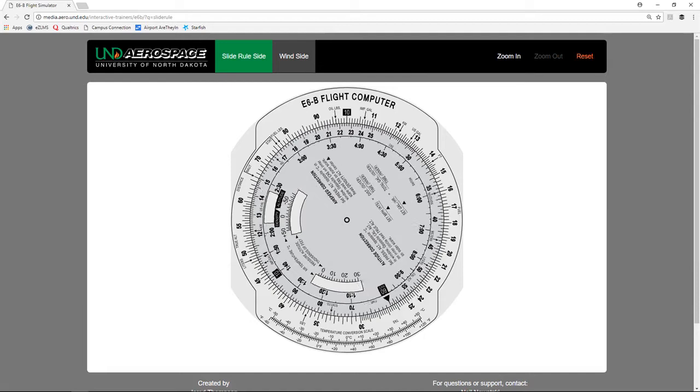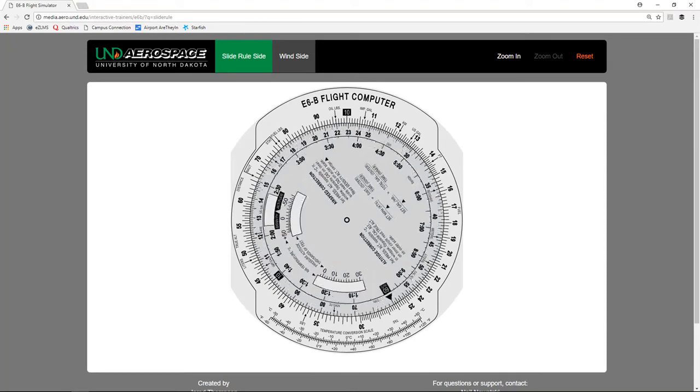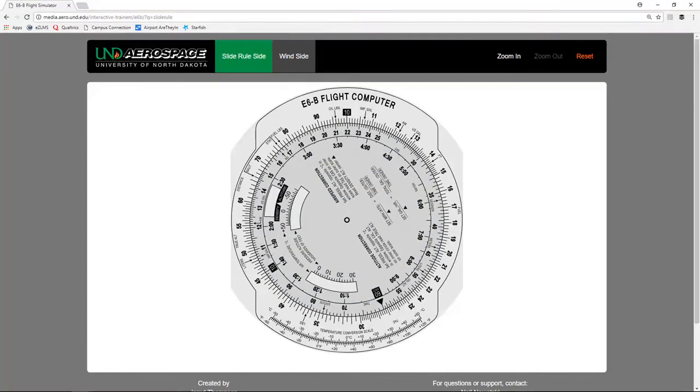Again, as I said earlier, you can also use the short method to determine longer distances, so distances greater than 1 mile or times greater than 1 minute. The short method will still work, except that your C scale will represent minutes and your B scale will represent seconds. So for example, if we had a speed of 165 knots, we could align our seconds index with 165, which we have right here, and a distance of, let's say, 8.3 miles.